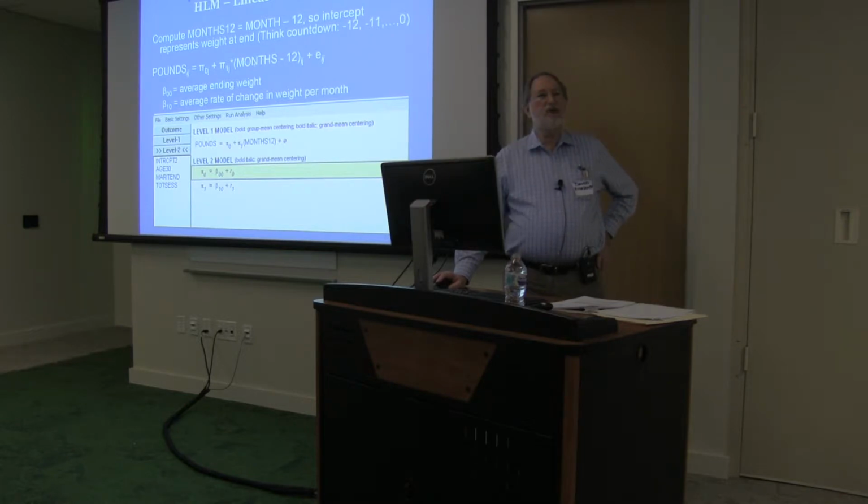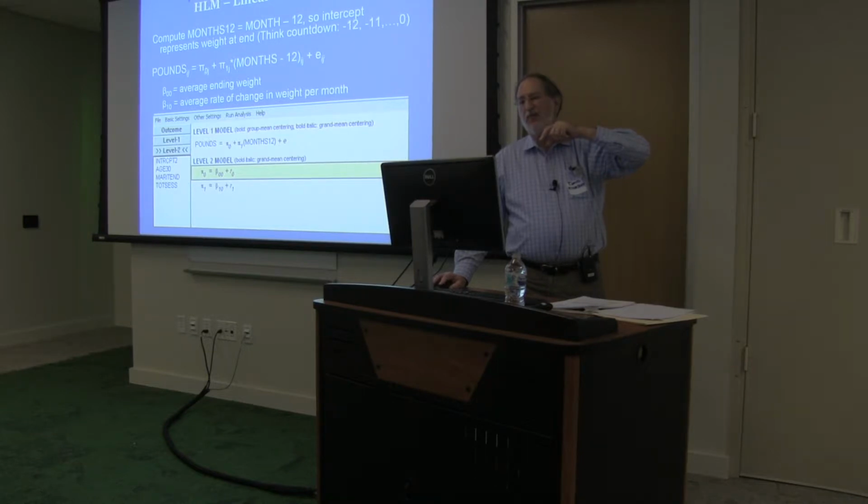But I didn't just use months. I subtracted 12 from months. That may sound strange. I wanted to model so that this intercept represented their weight at the end of the study, not at the beginning. I know what they are at the beginning, and it's not affected by treatment. I want to know what it is at the end of the study.